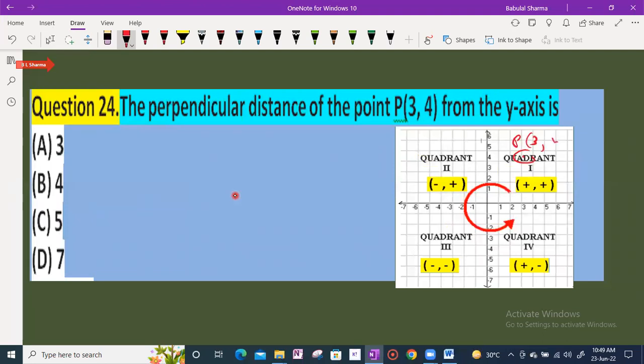That will lie in the first quadrant. Distance from y-axis, this distance is from y-axis. X coordinate is always the distance of the point from y-axis. So see here, ये जो distance यहाँ से distance है, that is 3. So A is the correct option here.